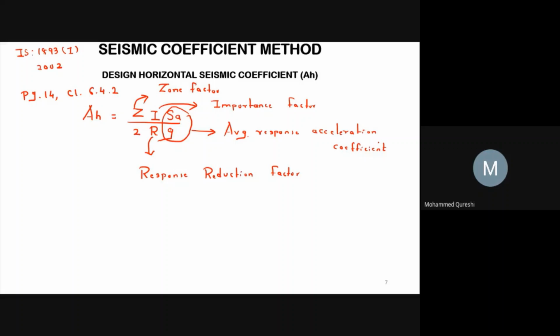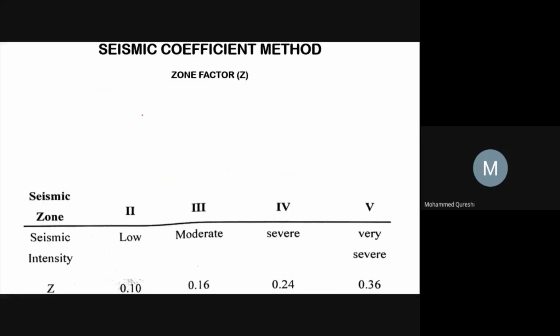Now, first of all, we will go for Z, that is zone factor. Zone factor Z depends on the city of India.